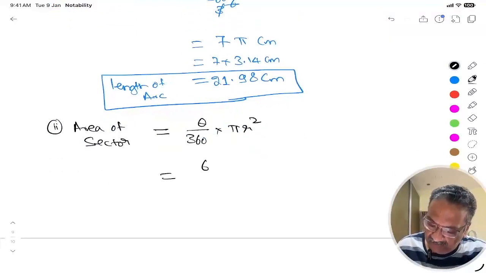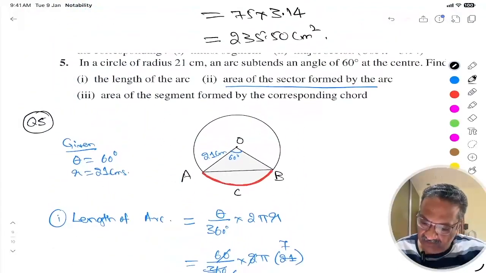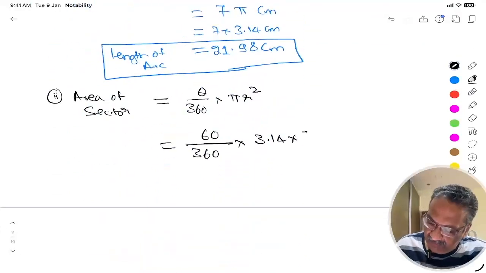So we have got theta as 60 degrees divided by 360 into pi, I will take it as 3.14, into radius, which is given as 21 centimeters. 21 square into 21.